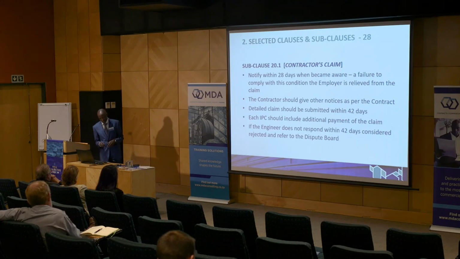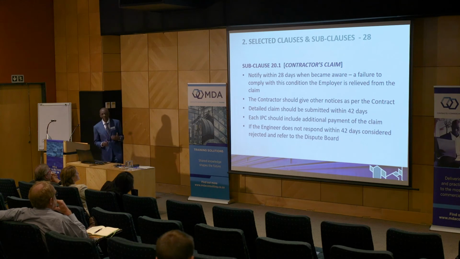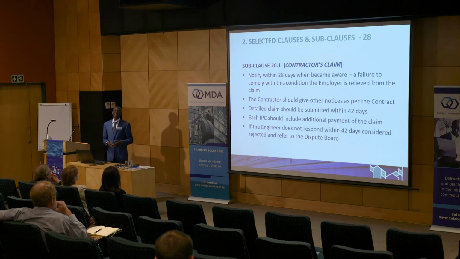Under the current situation, the contractor under subclause 20.1 is supposed to submit his detailed claim within 42 days. As one participant asked, how do you define a detailed claim? That is a question to be answered.